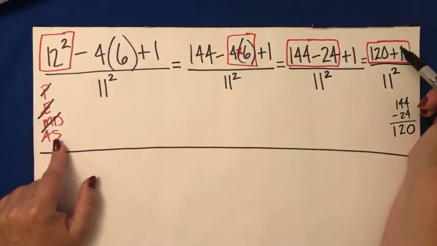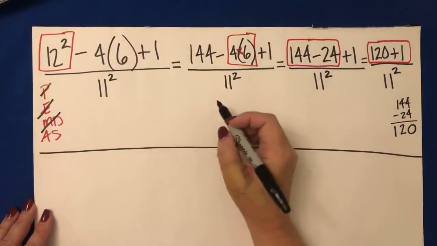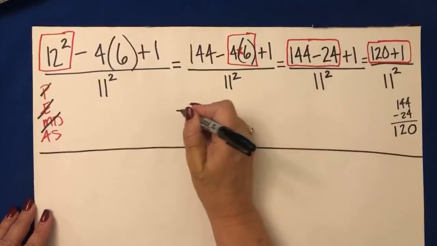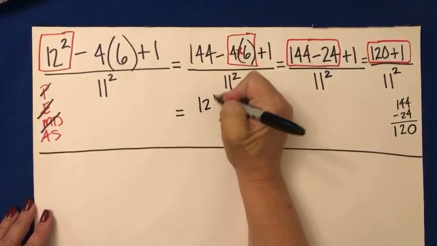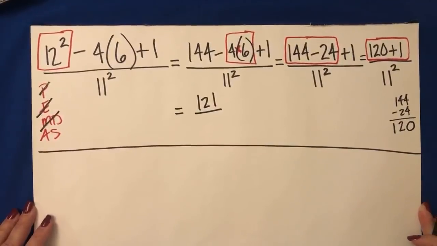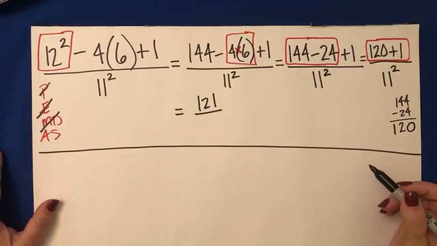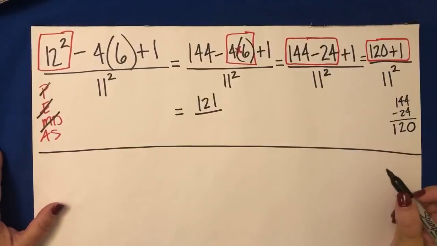So I like to draw a rectangle around each step as I move along. So now we have 121. I'm running out of room, so I'm going to come down here. This is 121 over, now what is 11 squared?